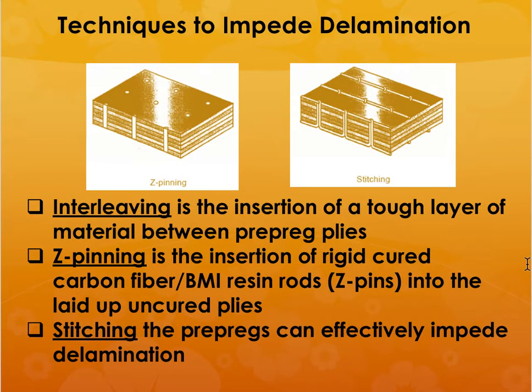So what people have tried to do is to impede that delamination. They interleave a tough layer between prepreg plies, like they would put rubber or some kind of an epoxy film between them in order to improve the toughness, or they would put some kind of pins in the rigid cured carbon fiber BMI. So these are carbon fiber BMI resin rods, and they would put that into laid up uncured plies.